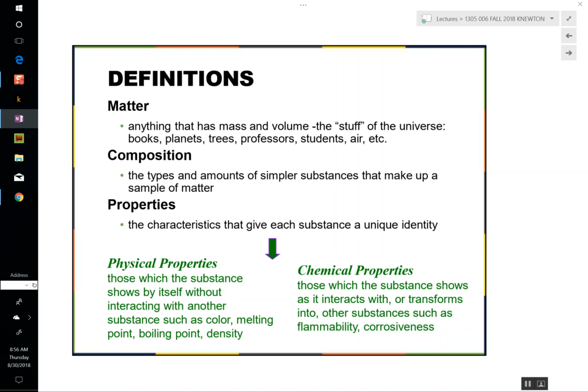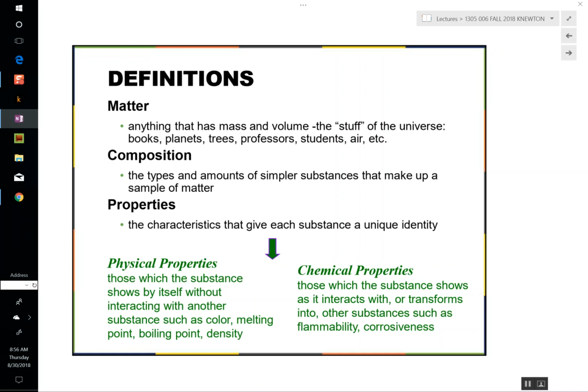Physical, those which the substance shows by itself without interacting with anything else. Color, melting point, boiling point, density are some examples of physical properties.